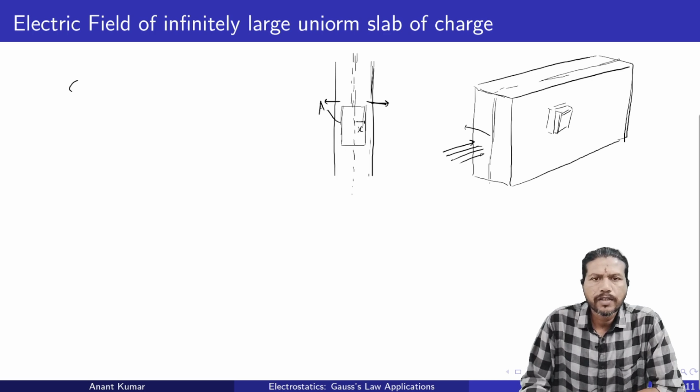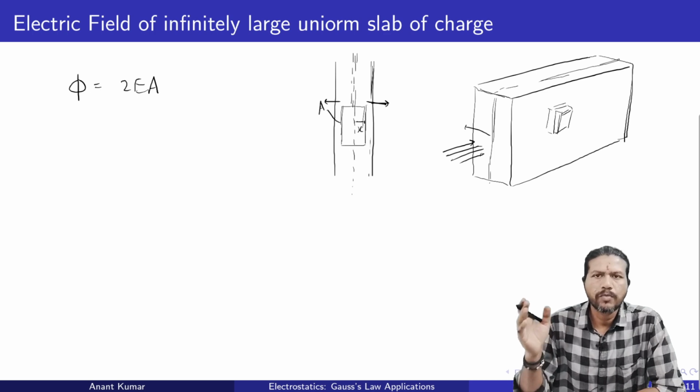If I look at the flux in this case, what I end up getting is again twice E into A, E into A for both the right and the left face, but there is no contribution from the surrounding faces. What about the charge enclosed?